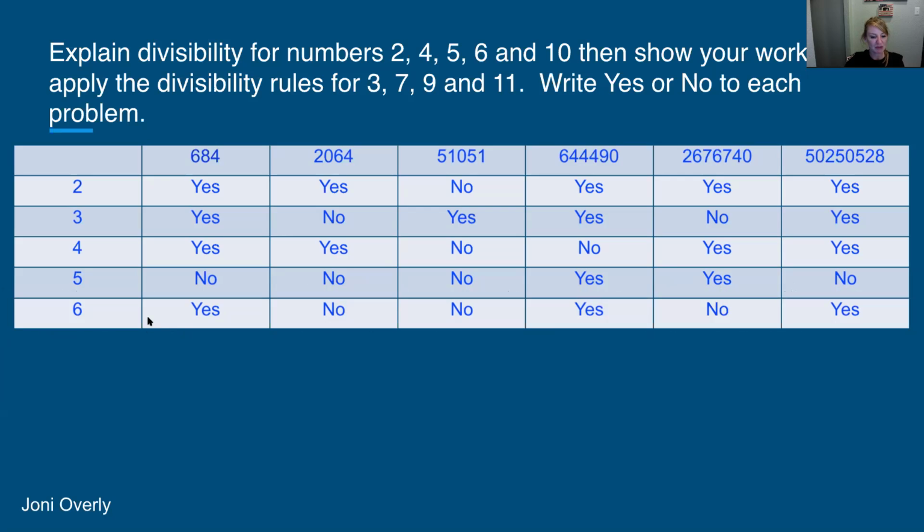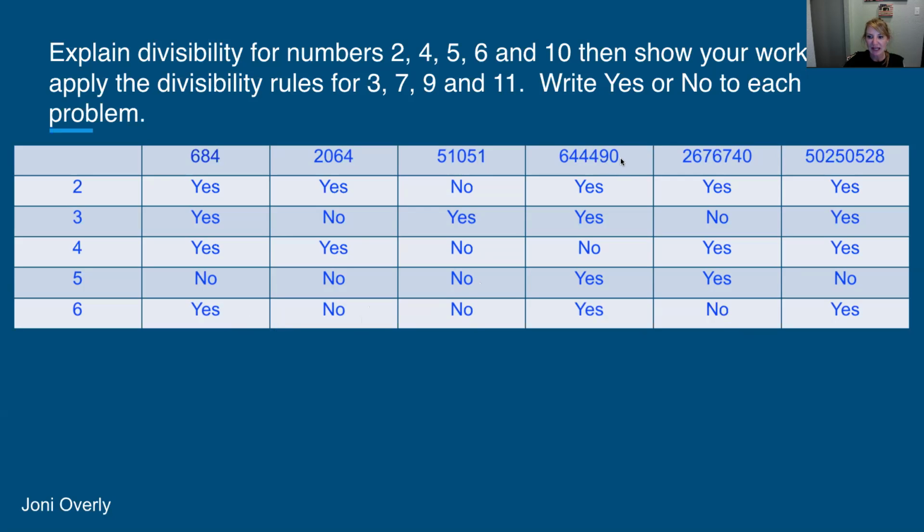So let's check the table to see which numbers are divisible by both. Okay, so 684, yes, it is divisible by both 2 and 3. 264, no, it is not. This one right here, ending in 51, no, it is not.